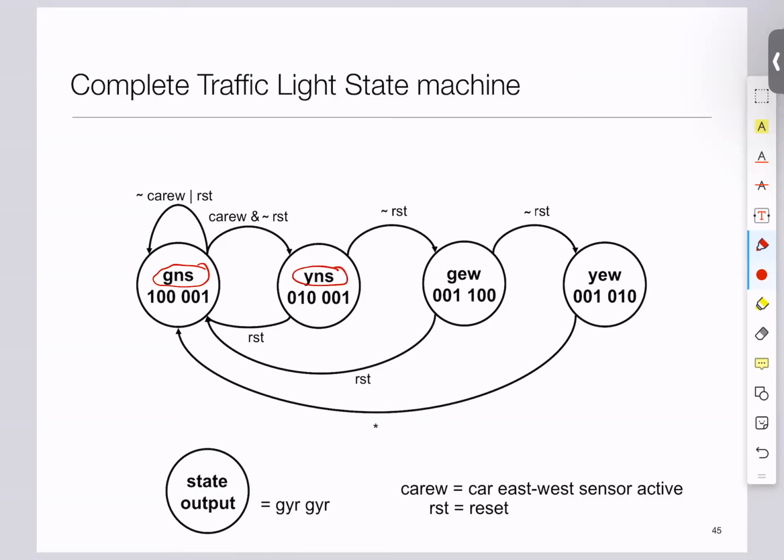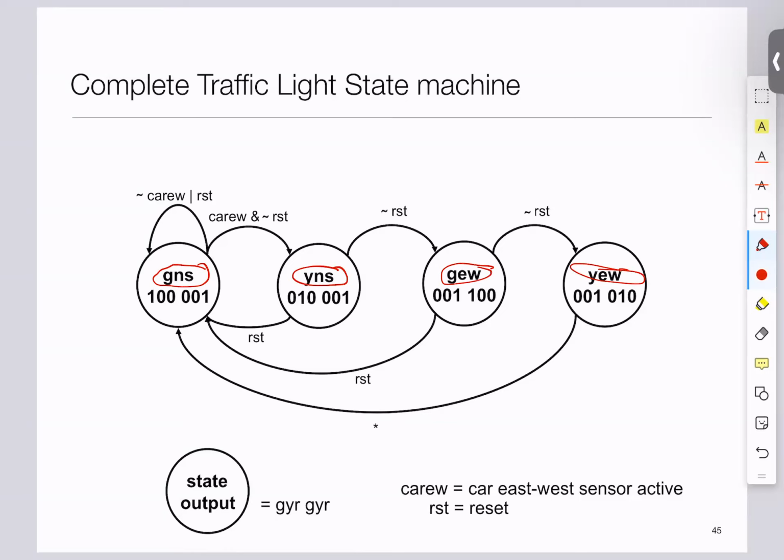YNS, yellow north-south. Green east-west and yellow east-west. The names of the states should probably reflect something about the problem so that someone looking at it can make some sense out of it. Now let's talk about what the output should be.